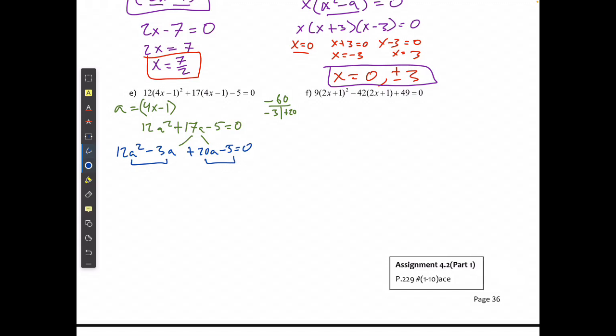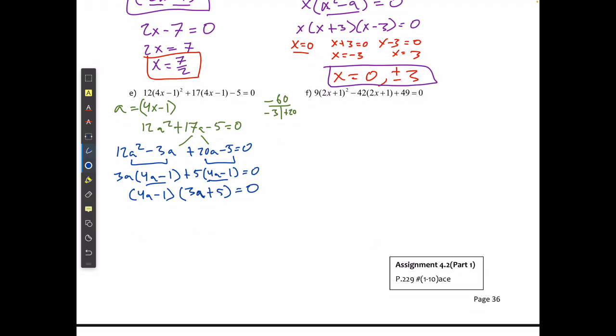Factor by grouping, and I get 3a and 4a minus 1 and positive 5 and 4a minus 1 is equal to 0. I have common factor of 4a minus 1, so I'm going to say 4a minus 1 times 3a plus 5 is equal to 0.